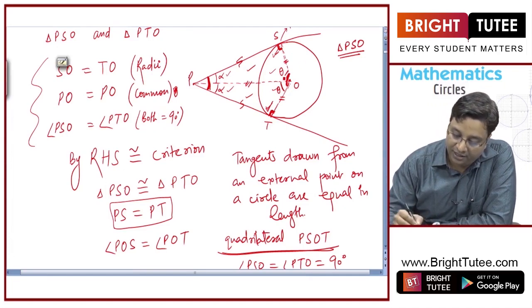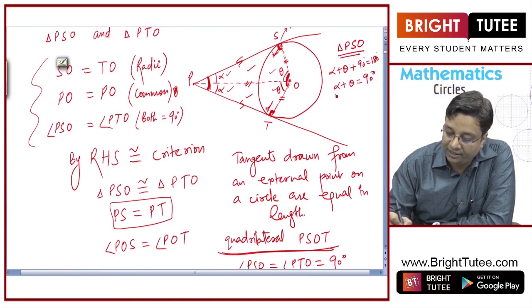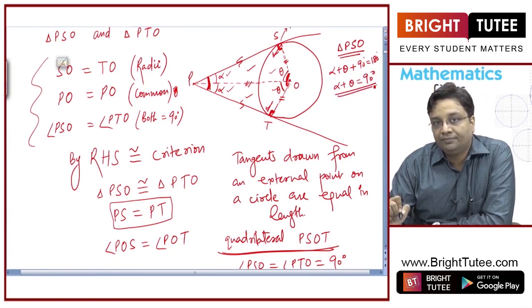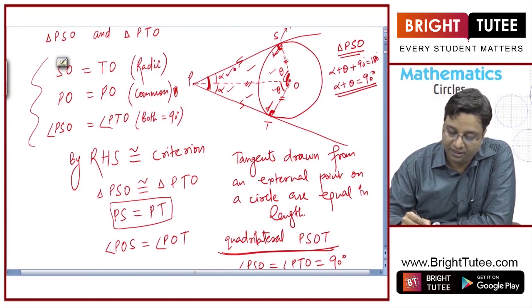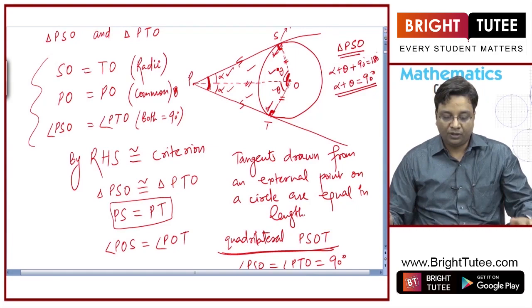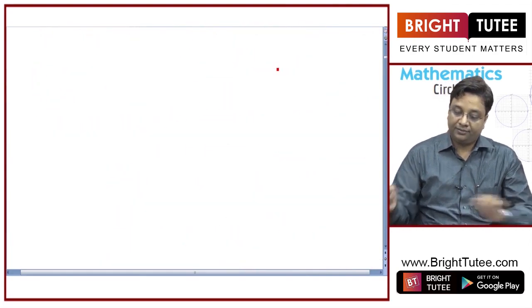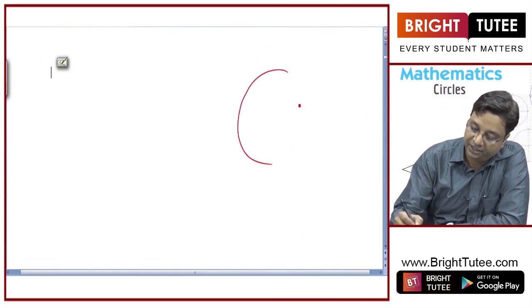So alpha plus theta plus this angle here, which is 90 degrees, is equal to 180. So I can say alpha plus theta is equal to 90 degrees.